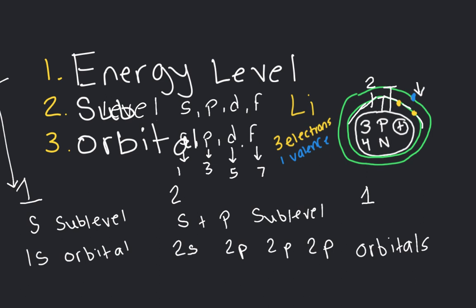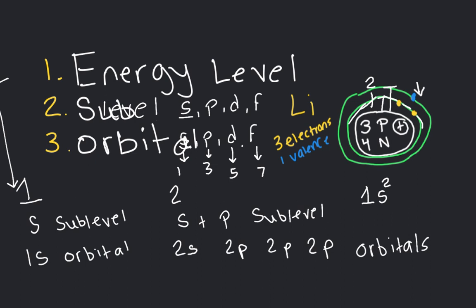In the first energy level, you have the S sublevel, and you only have the S orbital. You only have one S orbital in that sublevel, and there's 2 electrons that can occupy that S orbital. So we write 1s2, and you'll notice there's only 2 electrons in lithium in the first energy level.